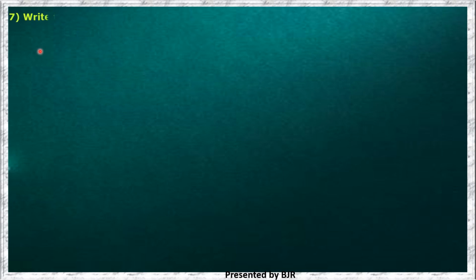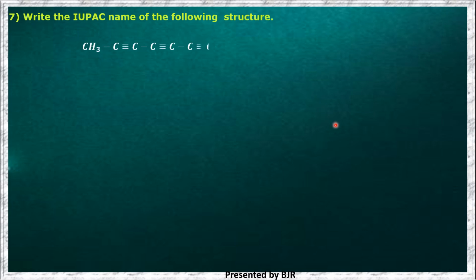The next one is: write the IUPAC name of the following structure. Here is an alkyne structure. We have to write the IUPAC name for it. So this also contains 3 triple bonds. So again we have to use the same rule, that is the lowest sum rule.